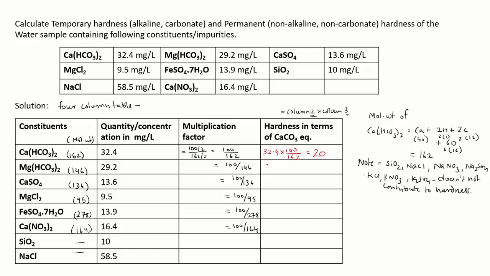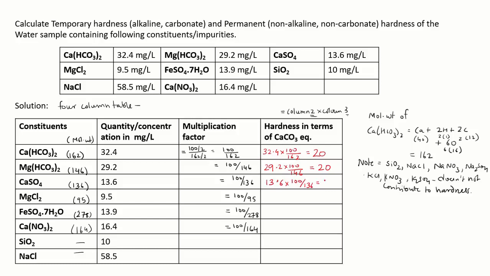This is how you calculate for all. Here the valency of the cation for all constituents is 2, so it is 100 by the molecular weight of the constituent. Otherwise, if the valency is different, you have to take 100 by 2 and the constituent's weight divided by its valency.